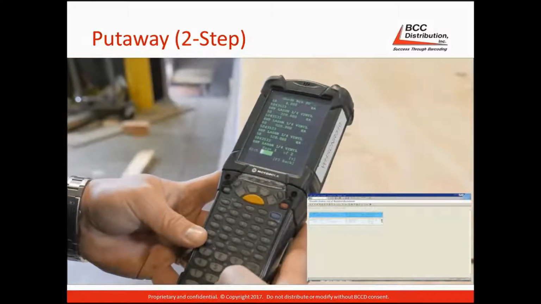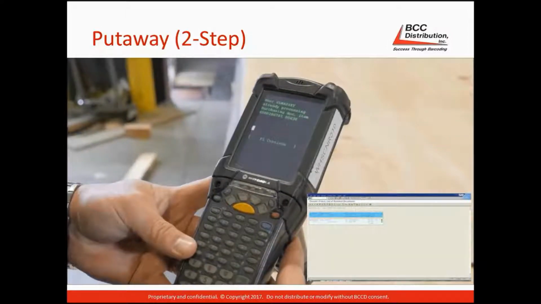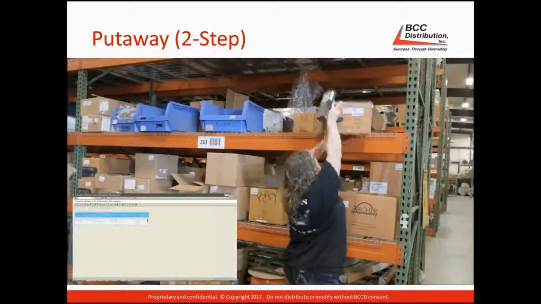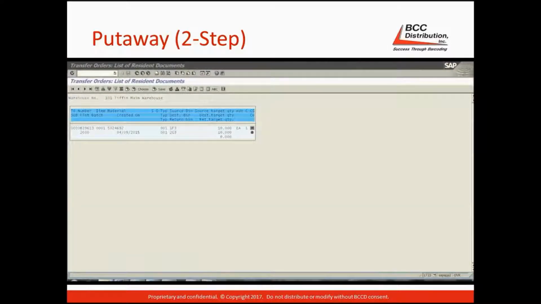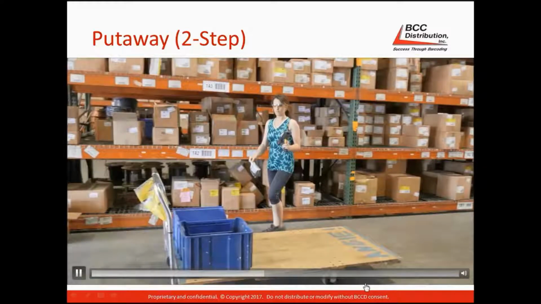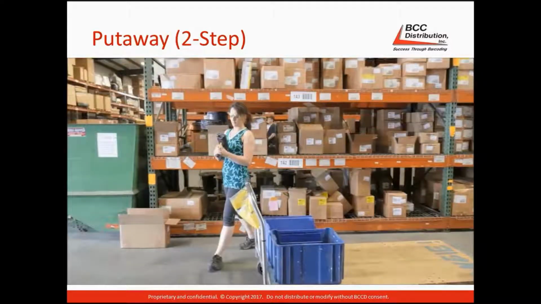As you'll see, this is part of the two-step where we are moving the product from staging to a location. And what's nice about the way that we've designed this is that it's a generic transaction that we can use not only as a putaway, but as any type of internal move.